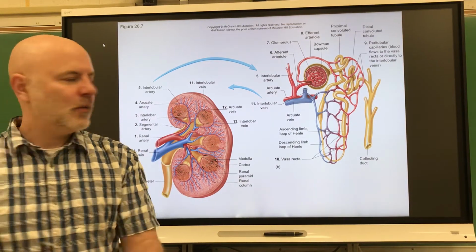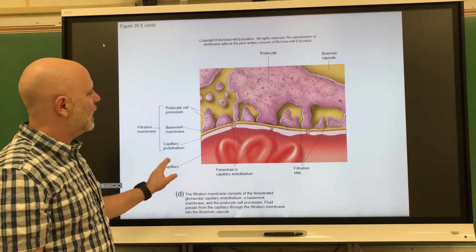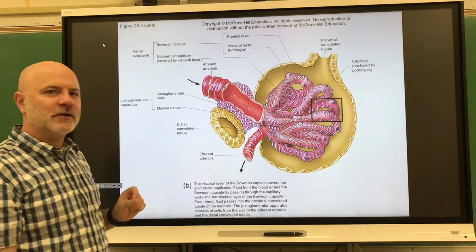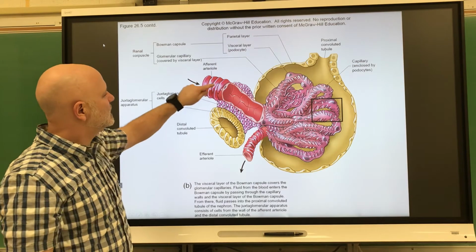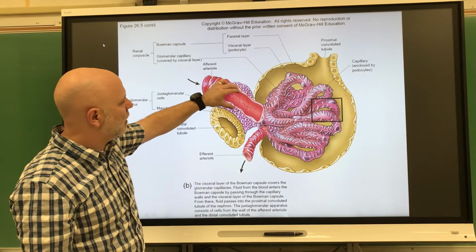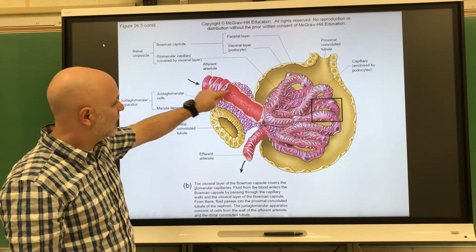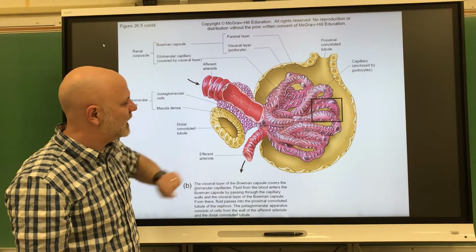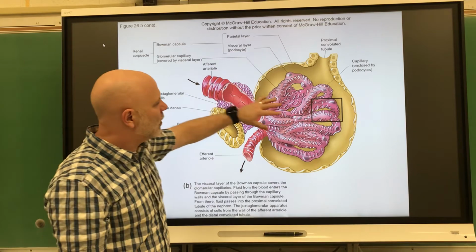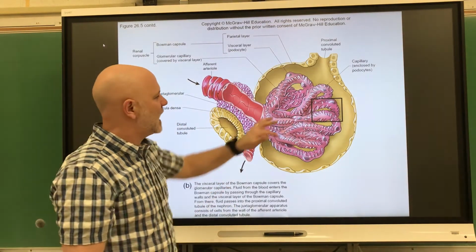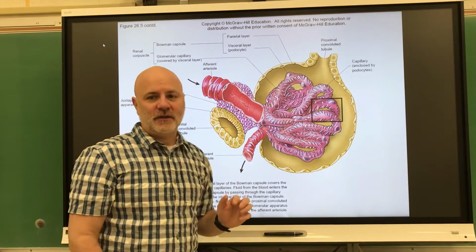When we go back and look at a previous picture, here's the afferent arteriole, here's the efferent arteriole. What I want you to notice here is that the afferent arteriole has a larger diameter than the efferent arteriole. So more blood goes into the glomerulus than can leave the glomerulus. This is going to increase the hydrostatic pressure within the glomerulus.